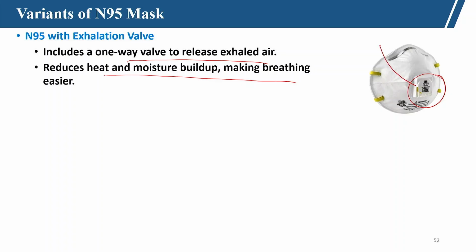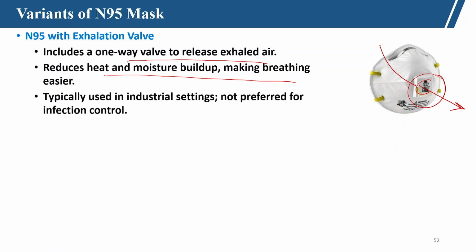So, during exhalation it will open and allow the exhaled air to pass, so that breathing will be easier and the temperature, moisture and heat build up is reduced. In industrial settings we use it, but it is not preferred for infection control, because if there is an opening or any gap, then the performance will deteriorate, that is why it is not recommended.